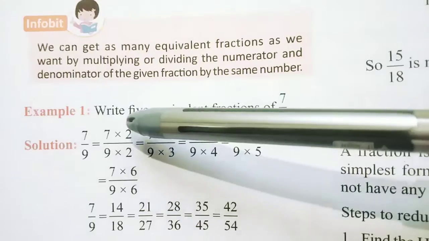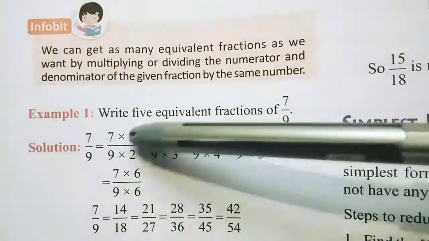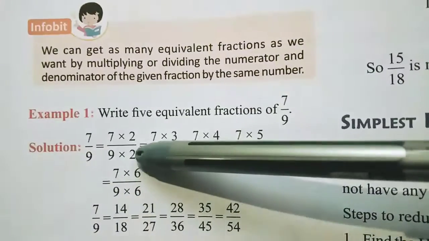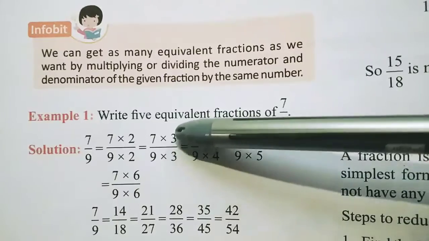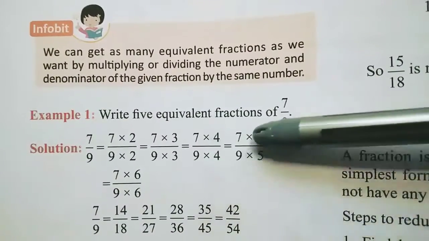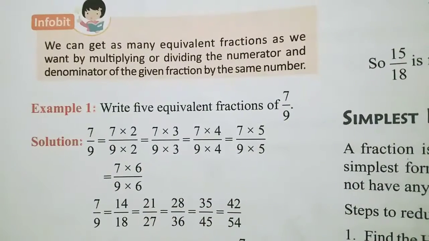Okay, and we will always start with 2. So 7 by 9, multiply by 2 in both the numerator and the denominator. 7 into 2, 9 into 2. Now again 3 into 3, again the same number will multiply. Again 4 into 4, 5 into 5, and then 6 into 6. In this way you will get equivalent fractions.